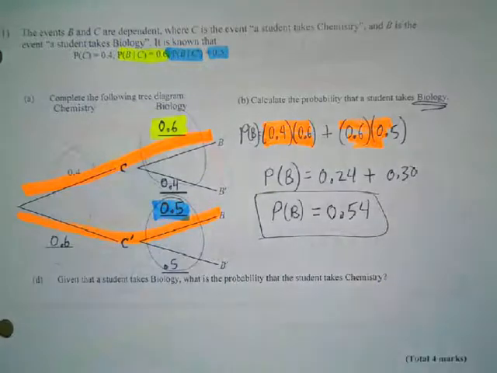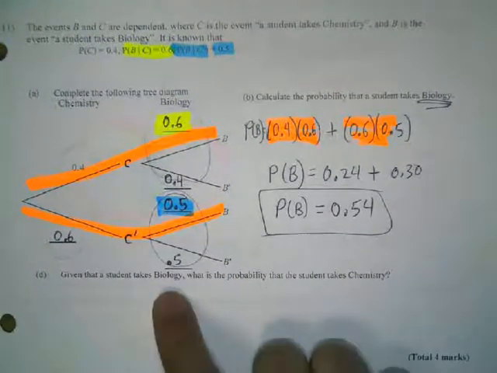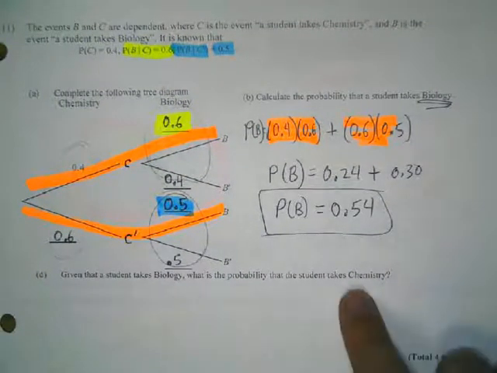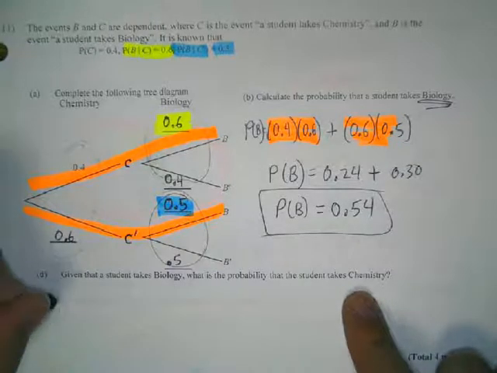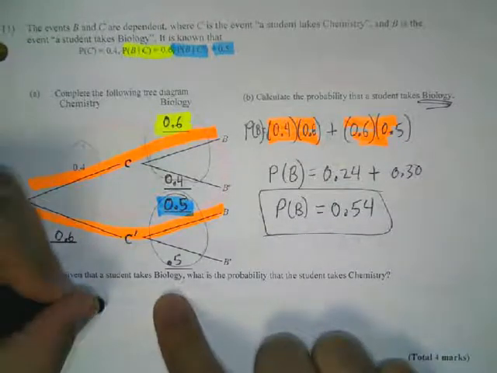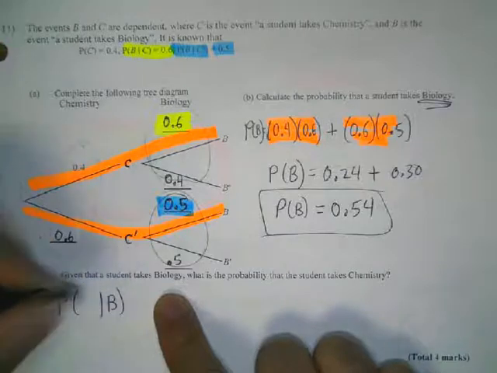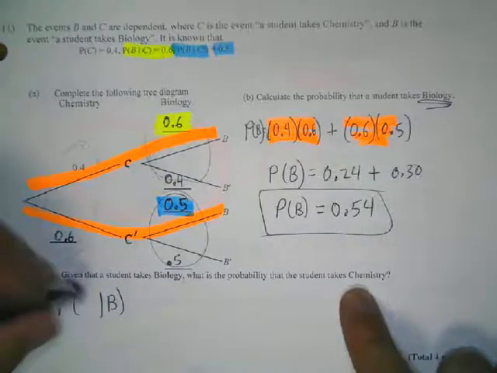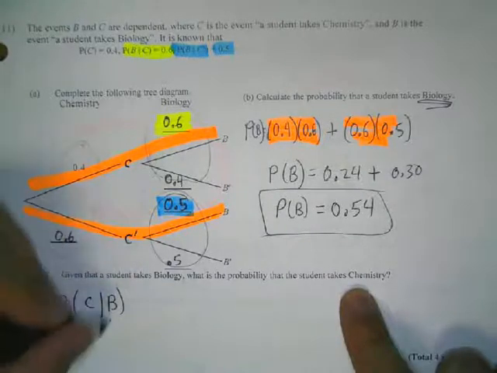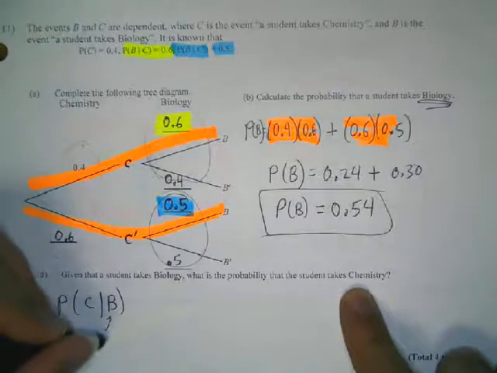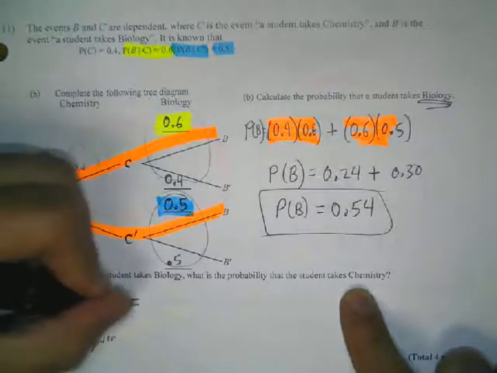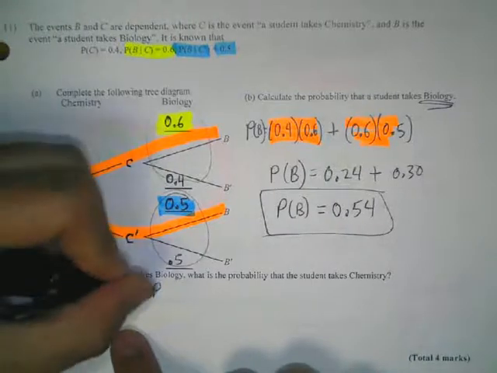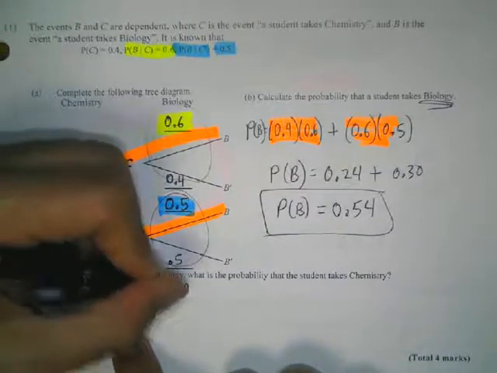Okay. Given that the student takes biology, what is the probability that the student takes chemistry? So our given is biology. What is the probability that the student takes chemistry? Remember, that's our given. Okay, so let's write that. Our numerator is the intersection of chemistry and biology.